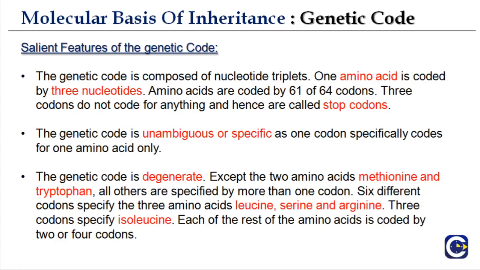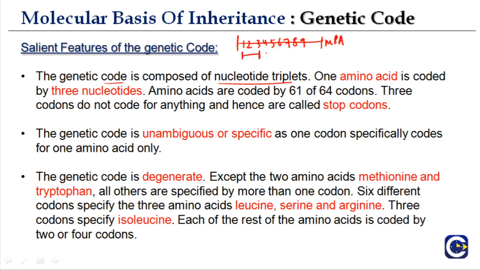And it will be very easy to score. Then we go through the salient features of the genetic code one by one. The genetic code is composed of nucleotide triplets. We know that by now. This is the mRNA structure, and this is first, second, third, fourth, fifth, sixth, 7, 8, 9. This is the sequence of nucleotides. So the genetic code is composed of nucleotide triplets.